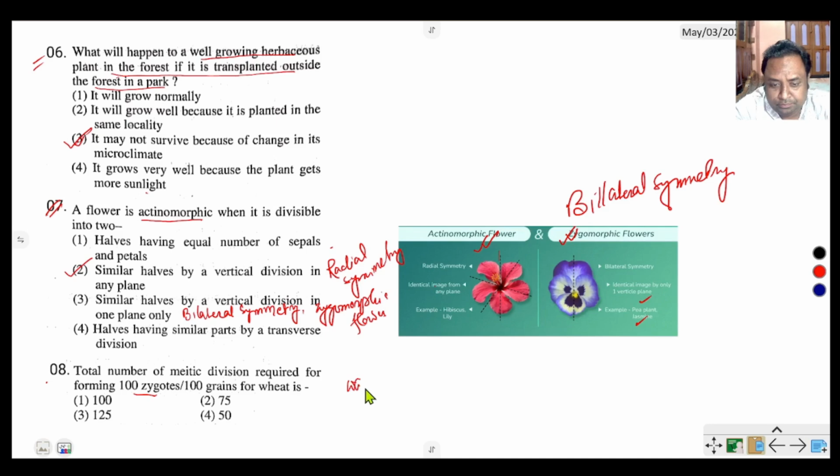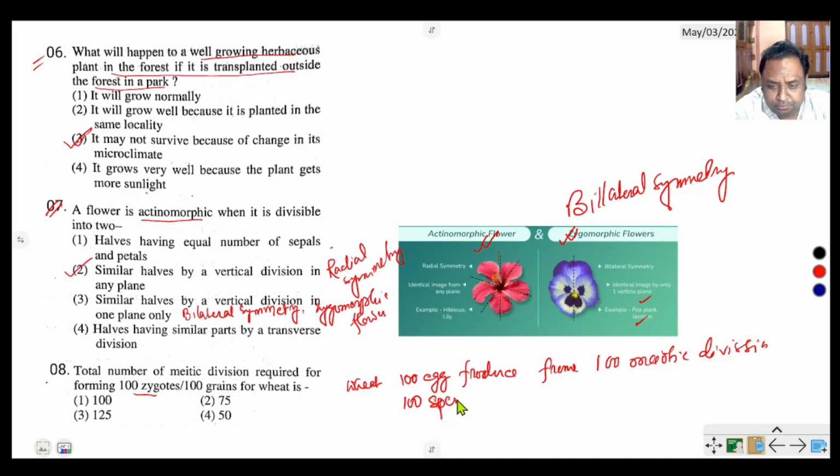So in the case of wheat, 100 eggs are produced from 100 meiotic divisions, and 100 sperm are produced from 25 meiotic divisions, because during spermatogenesis one sperm mother cell produces 4 sperm, but one egg mother cell produces 4 eggs, of which only one survives. So 100 eggs need 100 meiotic divisions, and 100 sperm need 25 meiotic divisions. So a total of 125 meiotic divisions are required to produce 100 grains.